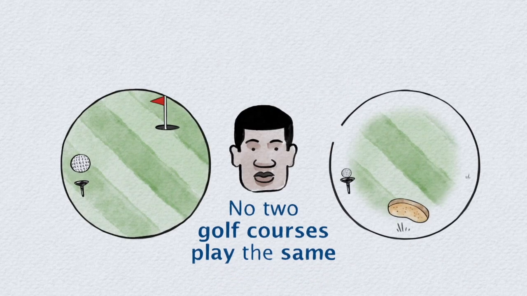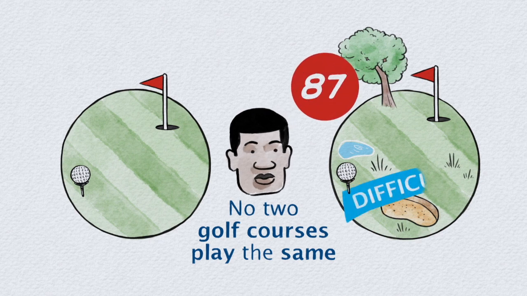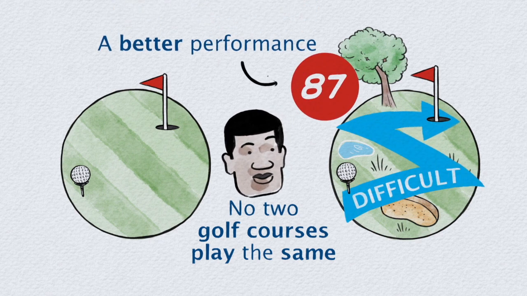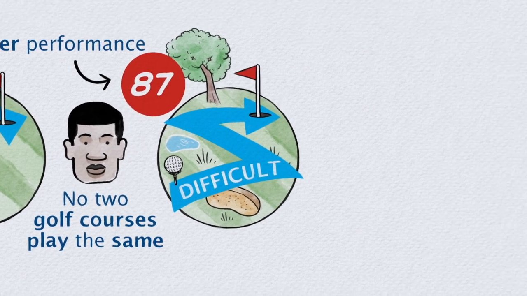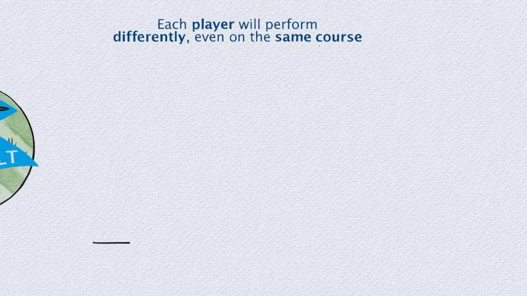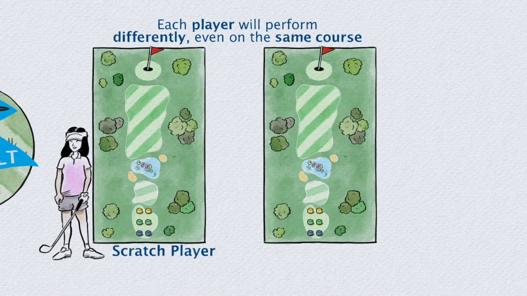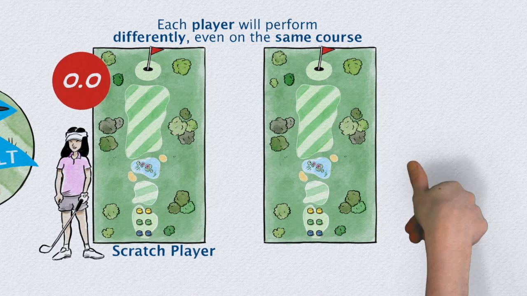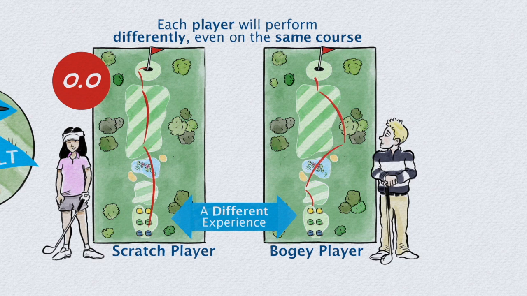No two golf courses play the same. A score of 87 on a difficult course might be a better performance than a score of 85 on an easy one. It's not just courses that differ. Each player will perform differently, even on the same course. The scratch player, a golfer with a 0 handicap index, will have a different experience from the bogey player, a golfer with a handicap index of around 20 to 24.